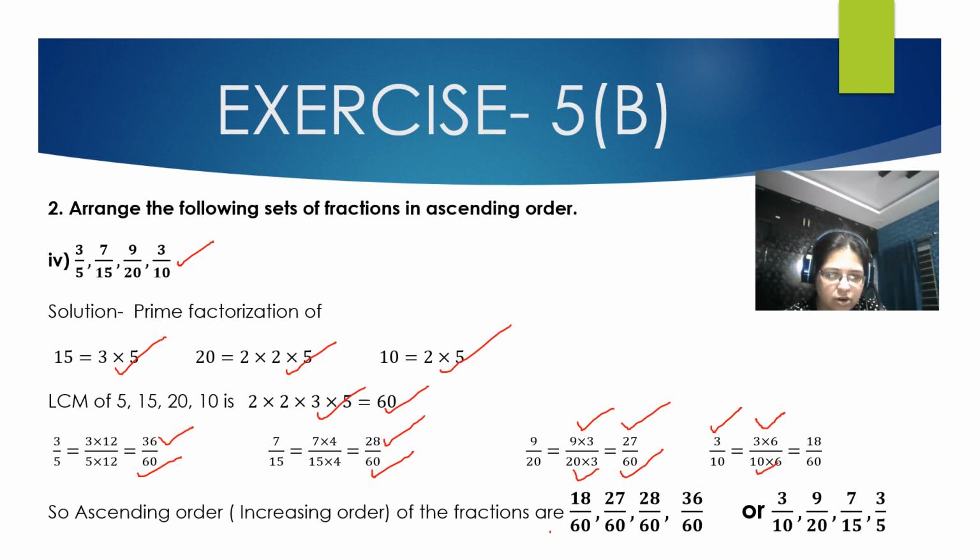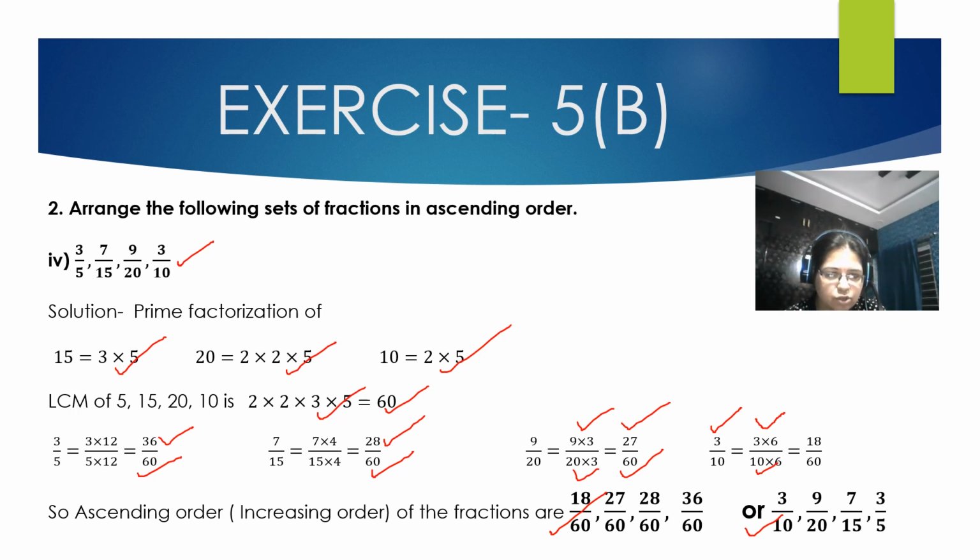So the ascending order or increasing order of the fractions is 18 divided by 60, then 27 divided by 60 is less than 28 divided by 60 is less than 36 divided by 60. And 18 divided by 60 is the equivalent fraction of 3 divided by 10. So write down 3 divided by 10. And the equivalent fraction of 27 divided by 60 is 9 divided by 20. So write down 9 divided by 20.